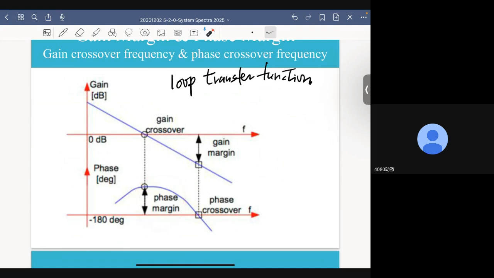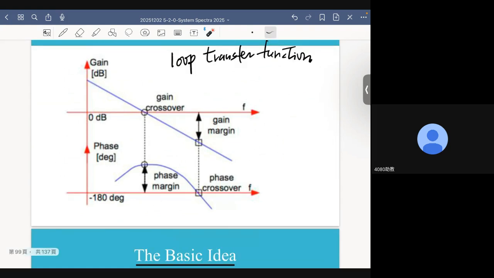Now, let's go one step further. What is the definition of gain margin? To define gain margin, the first thing we need to do is identify the phase crossover frequency. That is, we go to the phase plot and identify the frequency where the phase curve has an angle of minus 180 degrees.